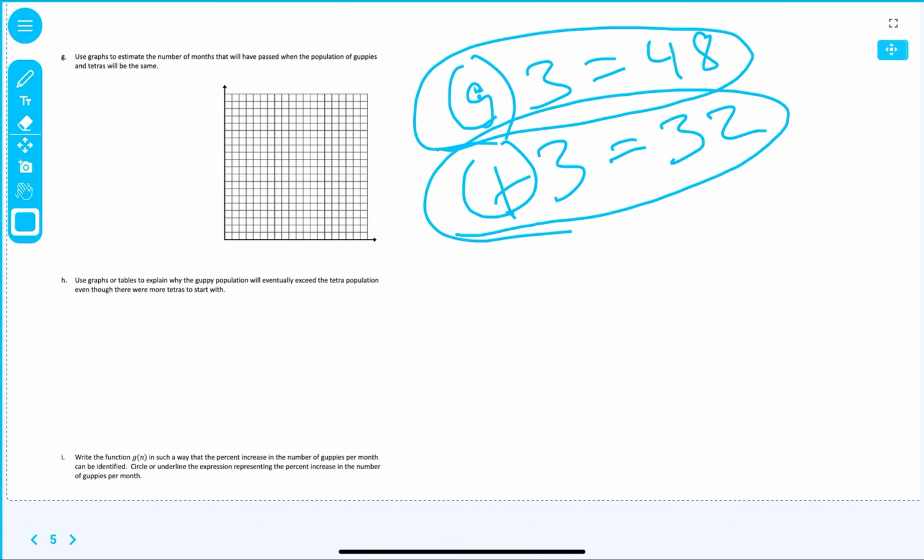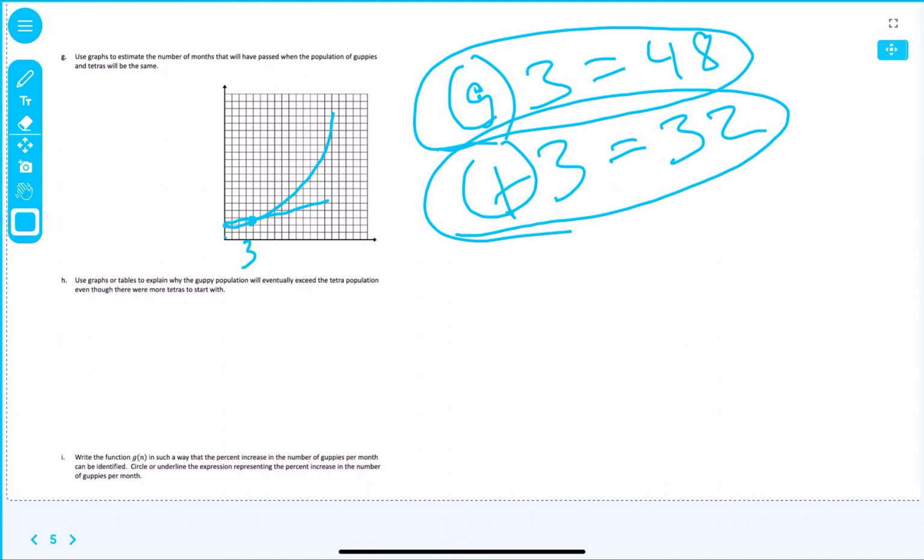Okay, so if you were to graph that, it would look something like this. If this was 3, it's going to cross right here, the 3rd month.